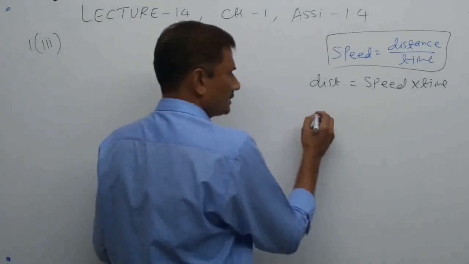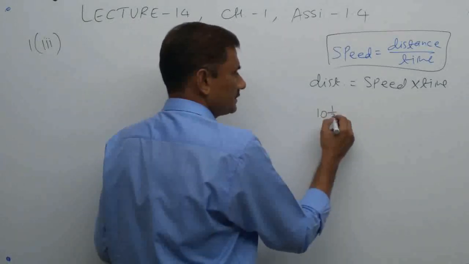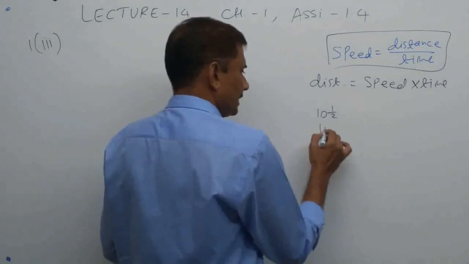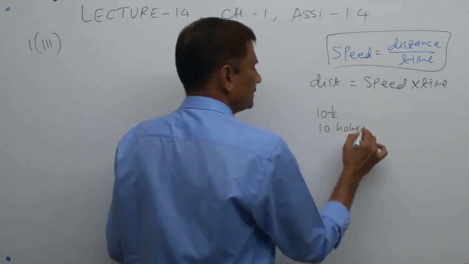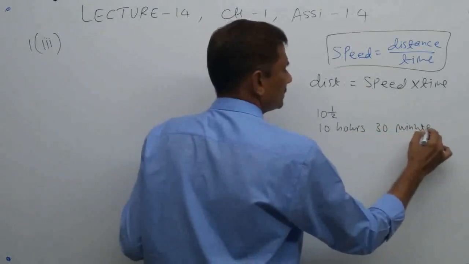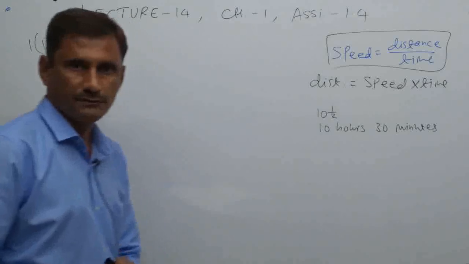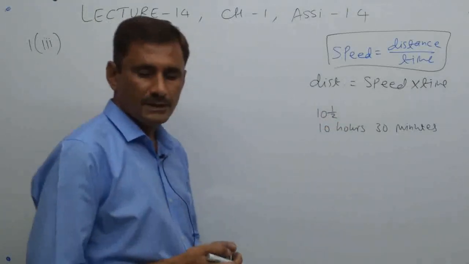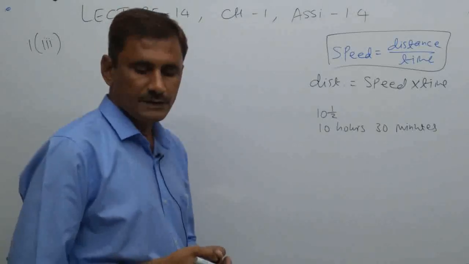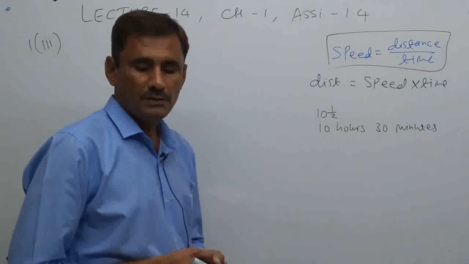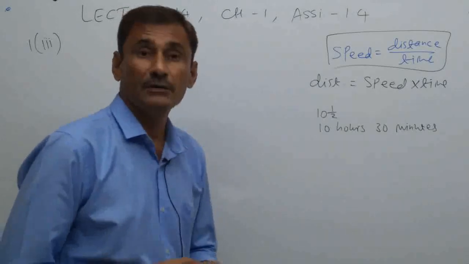So the time is actually 10 hours, 30 minutes. Okay, you got it. Why? 10 hours 30 minutes. Then they have given 45 by 2 minutes. 45 by 2 means 22.5 minutes.